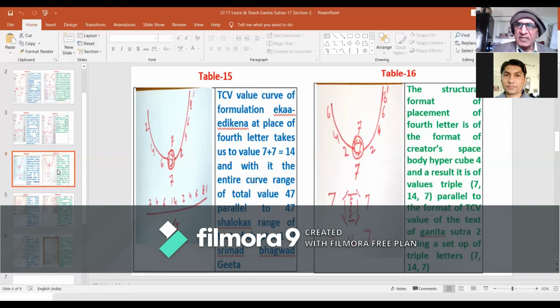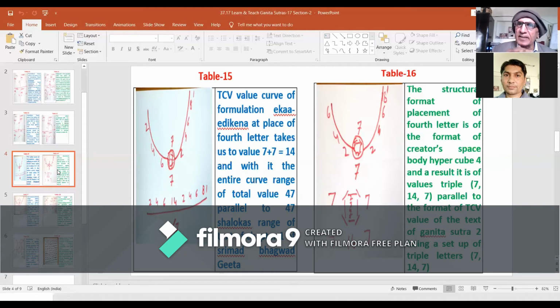Therefore, the sadhakas shall sit comfortably and permit the transcending mind to be parallel with the TC value curve of Ekadikane with focus upon the placement of the fourth letter and consequential transition from linear order to spatial order, and as such the sub of value 7 becomes TC value of sub as 14, and as a consequence this TC value curve becomes of value 47 and it goes parallel with the organization format of chapter 1 of Srimad Bhagavad Gita, being of the range of 47 shlokas.